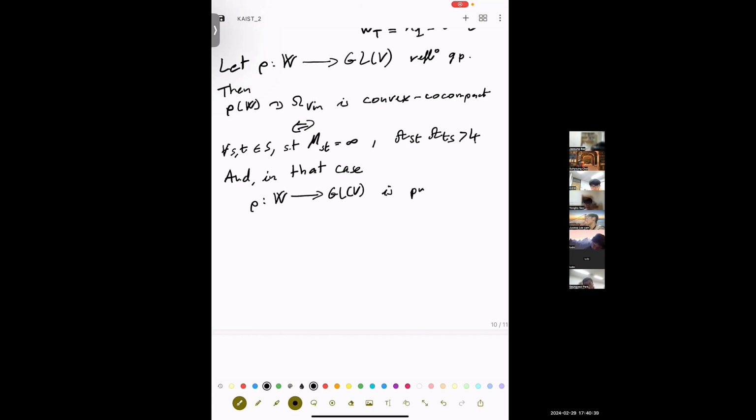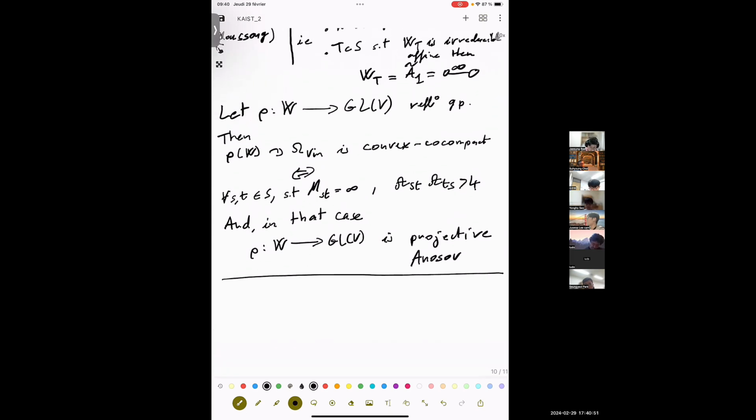More precisely, it's projective Anosov. I won't say more on Anosov representations; I guess it was more the lectures of François that were on this subject.